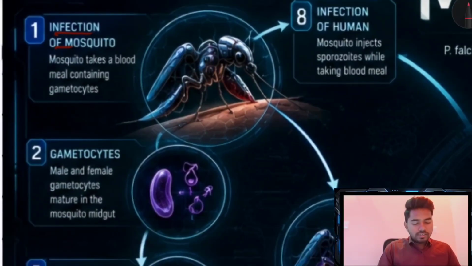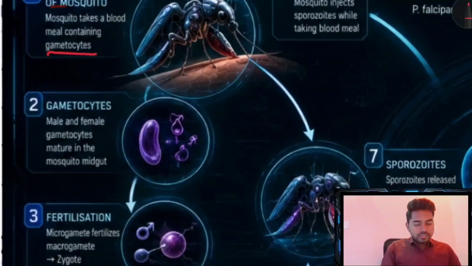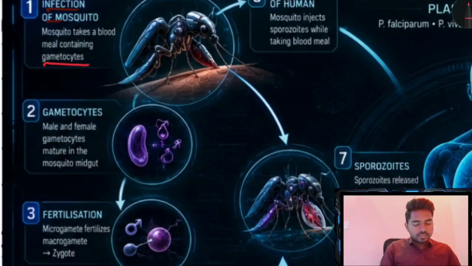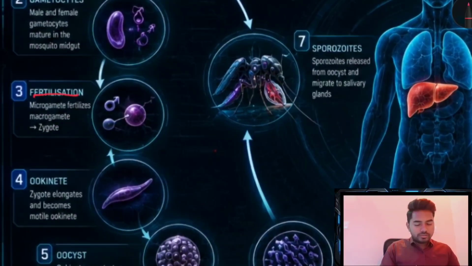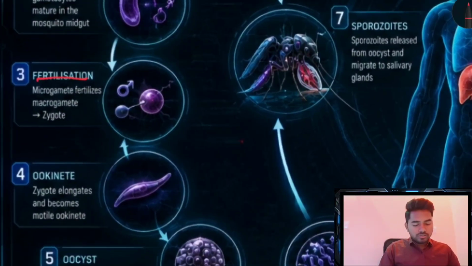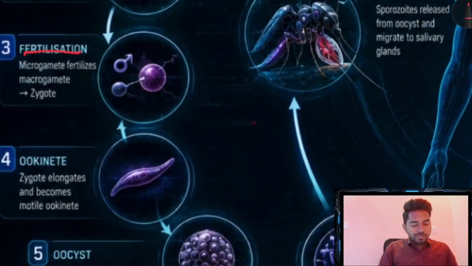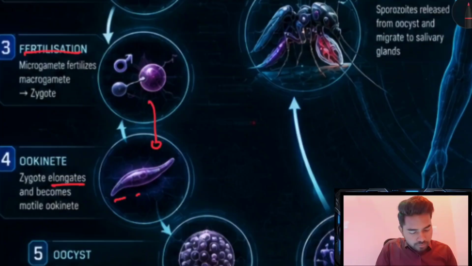That blood meal will contain gametes. Next, those gametocytes will fertilize and form zygote. This zygote will become elongated and forms ookinete.